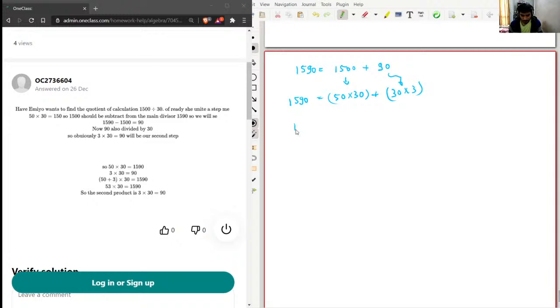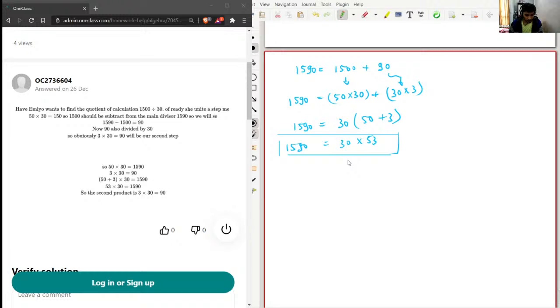So 1590 is, now I can take 30 common from both the sides, so this will be 30 and this will become 50 plus 3. It will give me 30 into 53 is 1590.